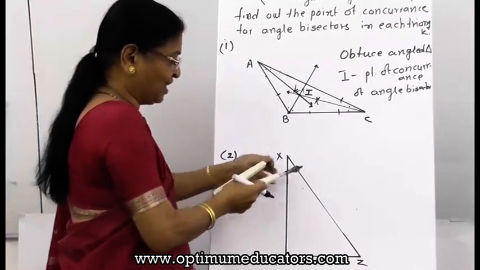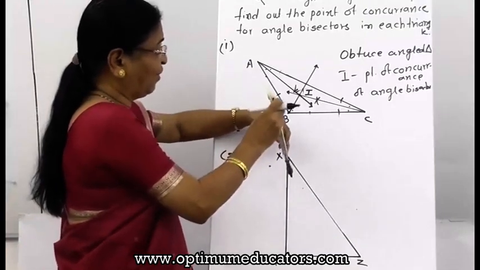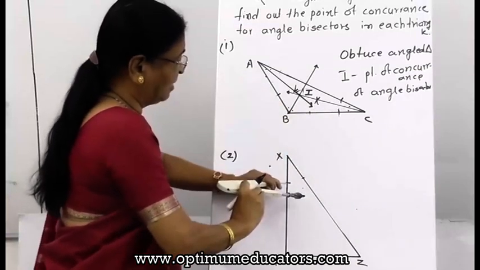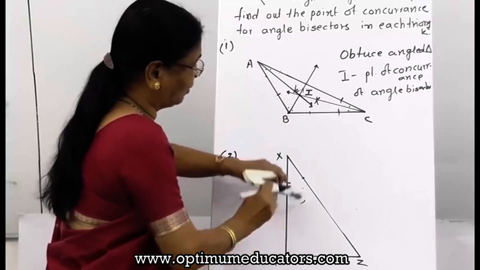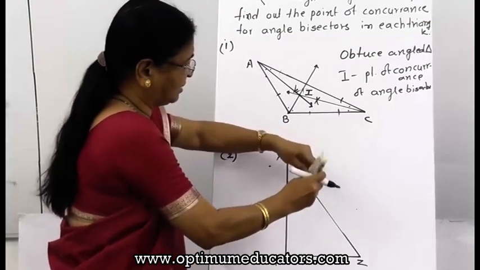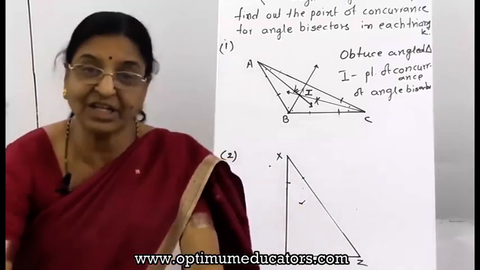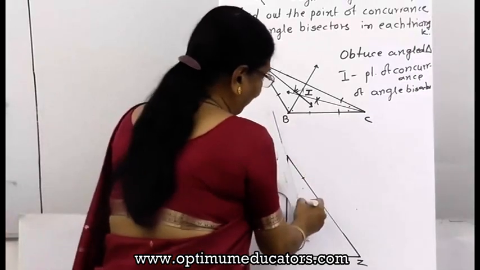So no confusing statements will be there. See, for X, mark first 2 markings, then from there again 2 points, 2 arcs intersecting each other, and these 2 arcs will intersect in one point, join them.